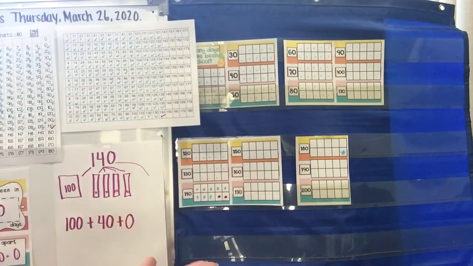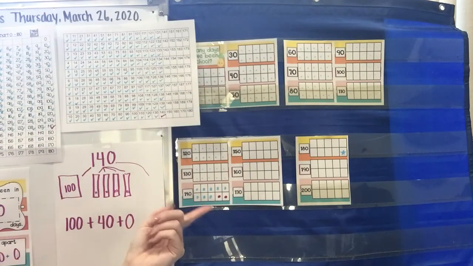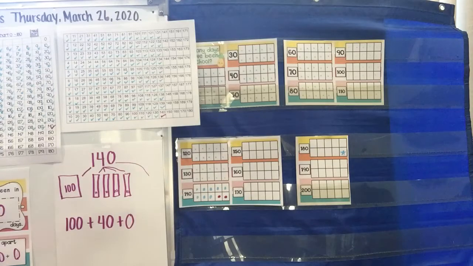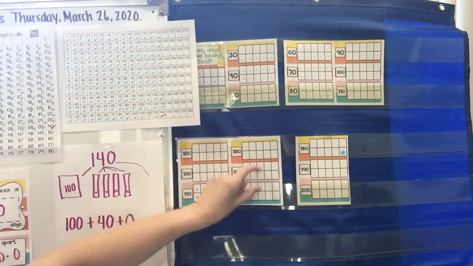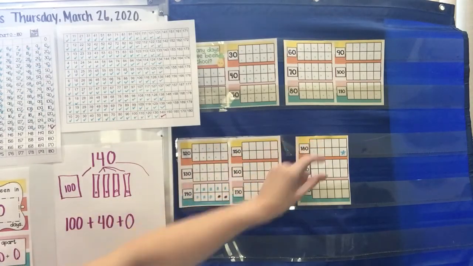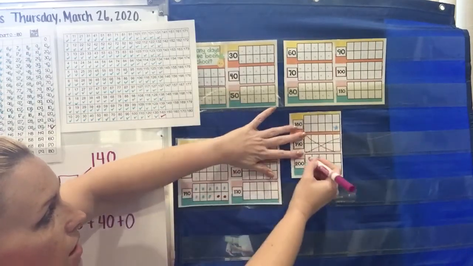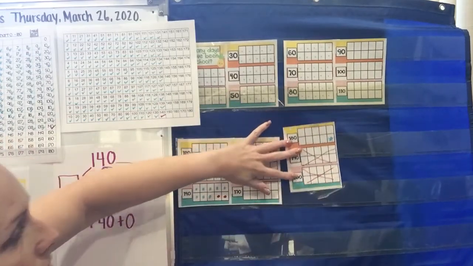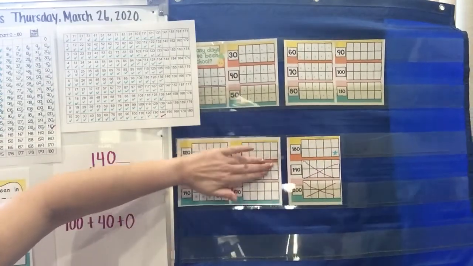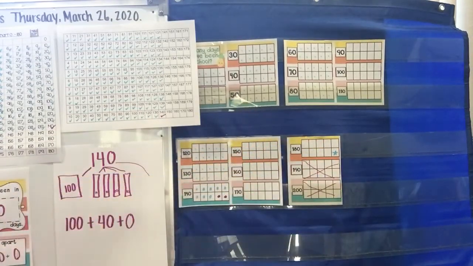And so it's pretty easy to use these 10 frames to count how many days of school we have left, because we've got 1, 2, 3, 4 10 frames left, because we are not in school here. That's summer, not in school there. So we've got 10, 20, 30, 40 days of first grade left.